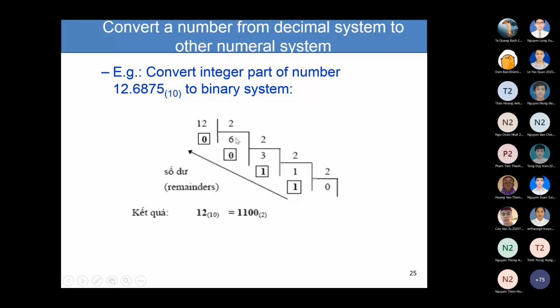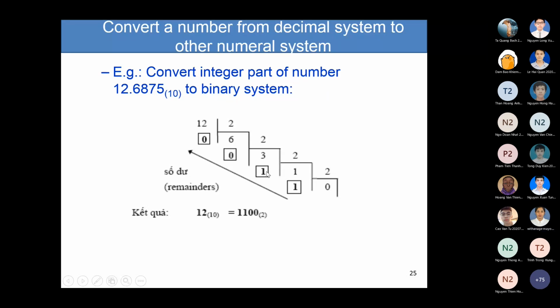Because 6 is different from 0, we continue to divide 6 by 2. We obtain 3, and the remainder is 0. 3 is different from 0, right? So we continue to divide 3 by 2. We obtain the result 1, and the remainder is 1.